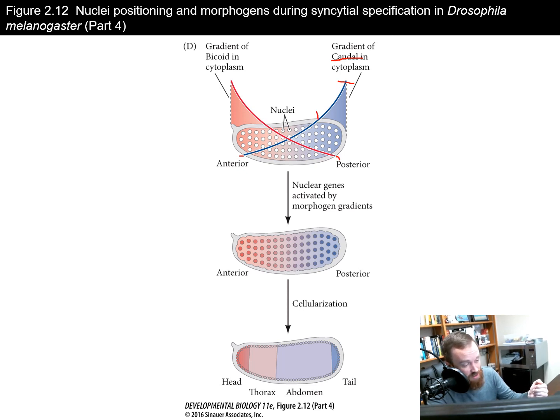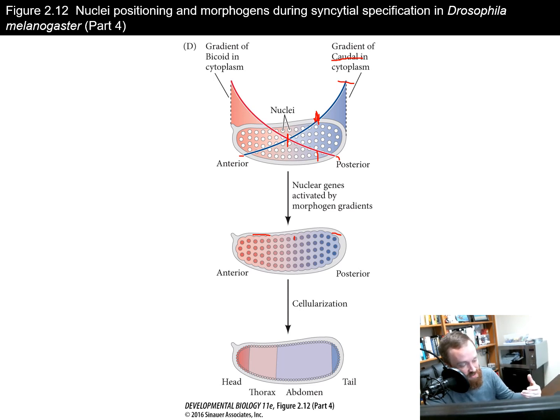But if you have a little bit of bicoid and a decent amount of caudal, then you're a little more anterior. If you have equal parts caudal and bicoid, you're in the middle, etc. They depict this with a changing color from red to purple to blue, showing that these two gradients exist and overlie one another.